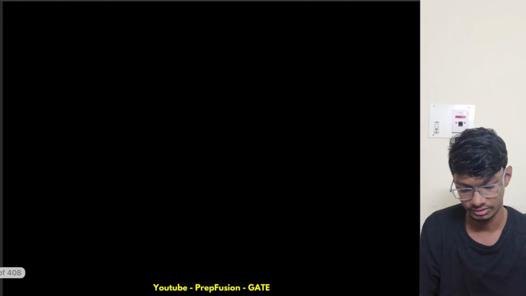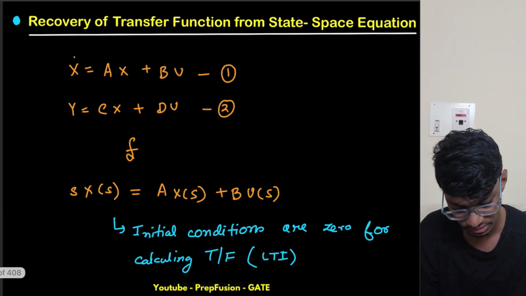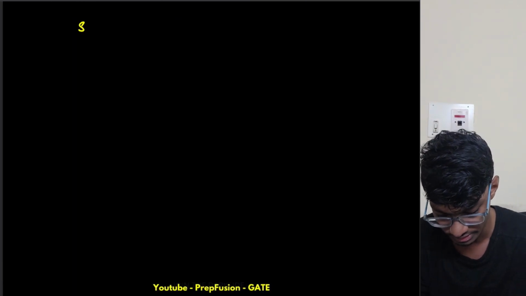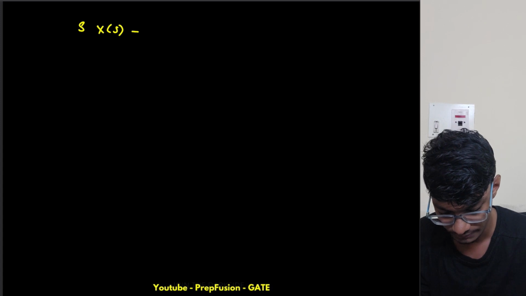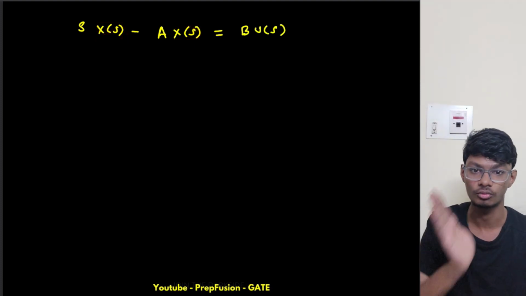Now what does our equation become? It becomes sX(s) minus AX(s) equals BU(s). X(s) is in post multiplication, so I'll take it common as post multiplication.